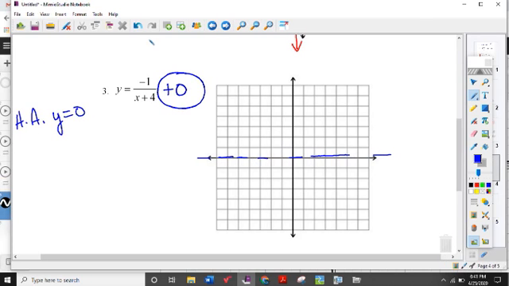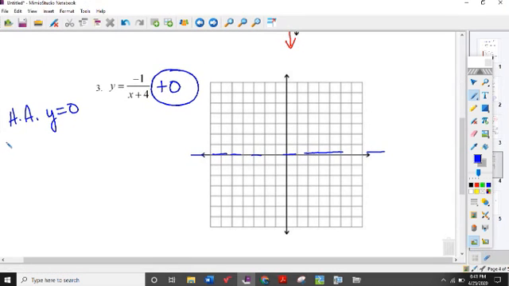My vertical asymptote is found where the denominator equals 0. So my denominator will equal 0 at negative 4. Sorry, that was the wrong one. X equals negative 4. 1, 2, 3, 4.